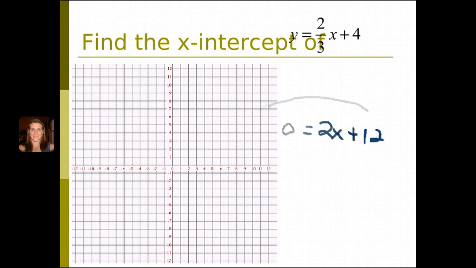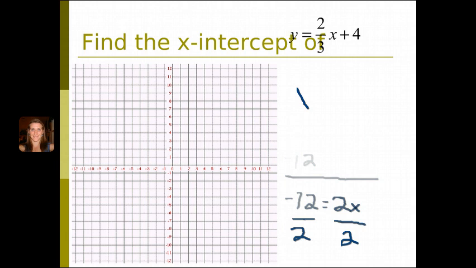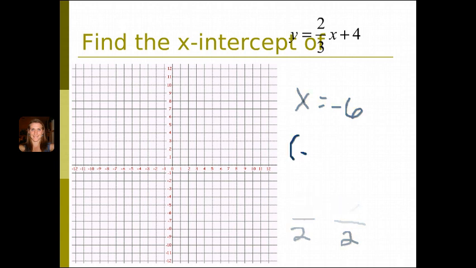From here, you need to subtract 12 from both sides, and you're left with negative 12 equals 2x. Divide both sides by 2, and you get x equals negative 6. Remember that x-intercept is a point on the graph, so you should have negative 6, 0 as the coordinate.